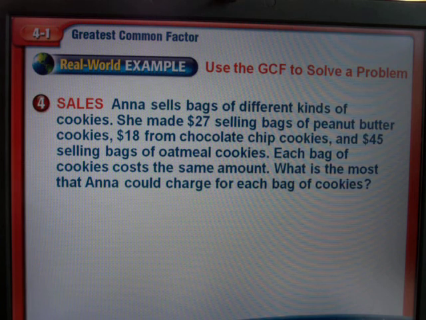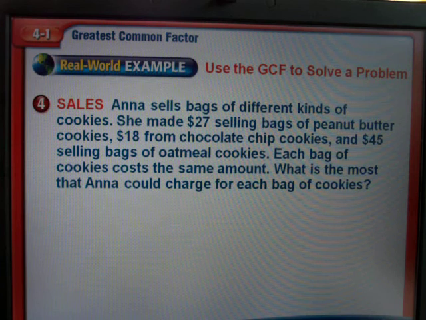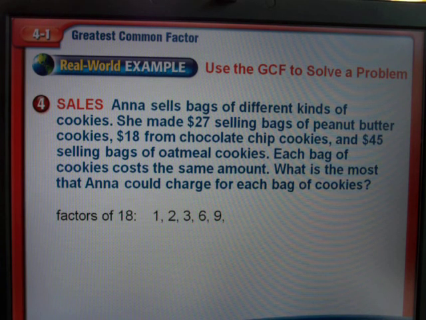So now we're going to use the greatest common factor to solve a problem. Anna is selling bags of different kinds of cookies. She made $27 selling bags of peanut butter cookies, $18 from chocolate chip, and $45 from selling oatmeal cookies. Each bag of cookies costs the same amount. What is the most that Anna could charge for each bag of cookies? So in other words, what is the greatest common factor between these three numbers?